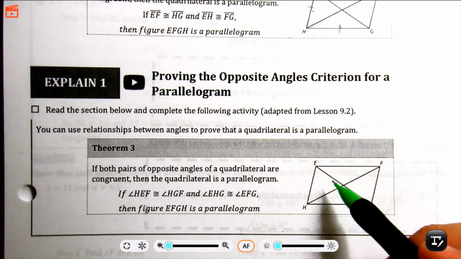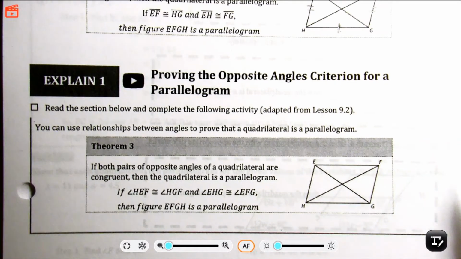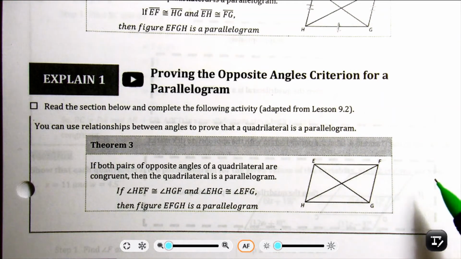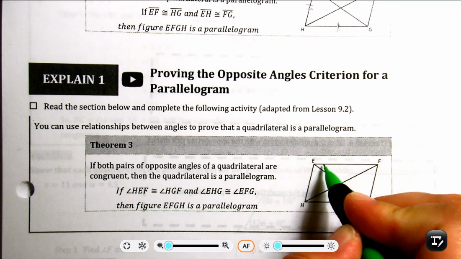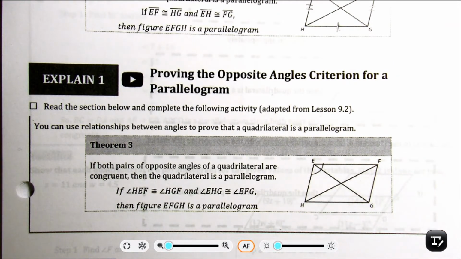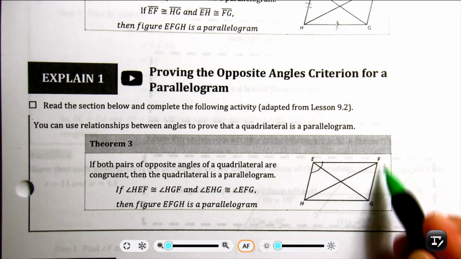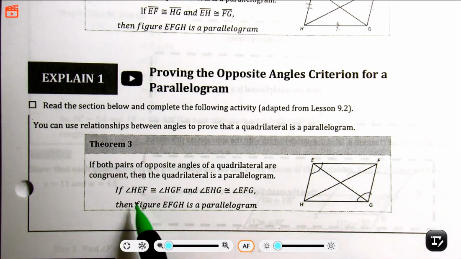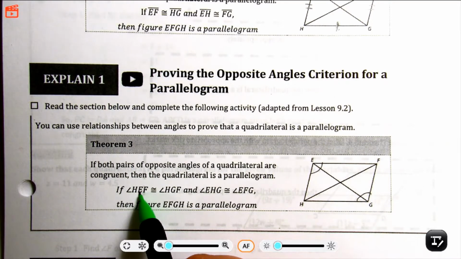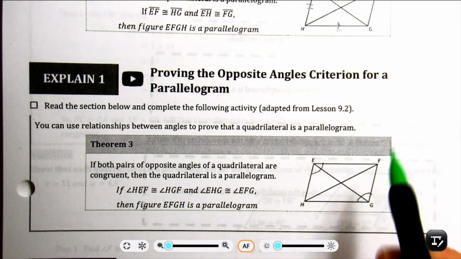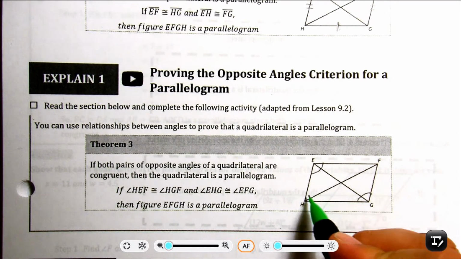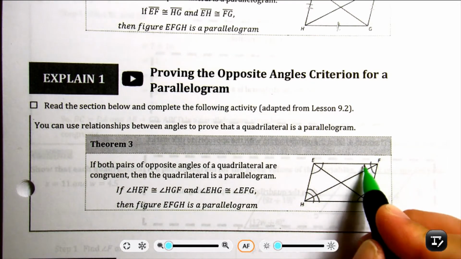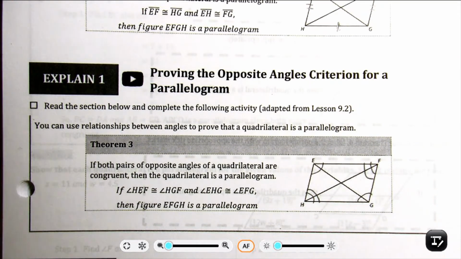An example would be angle HEF, which is this angle here, and angle HGF, which is that angle there. Remember that the middle letter tells us where the angle is located. So HEF, HGF, and then EHG, so this angle, and EFG are also congruent. So opposite angles are congruent.